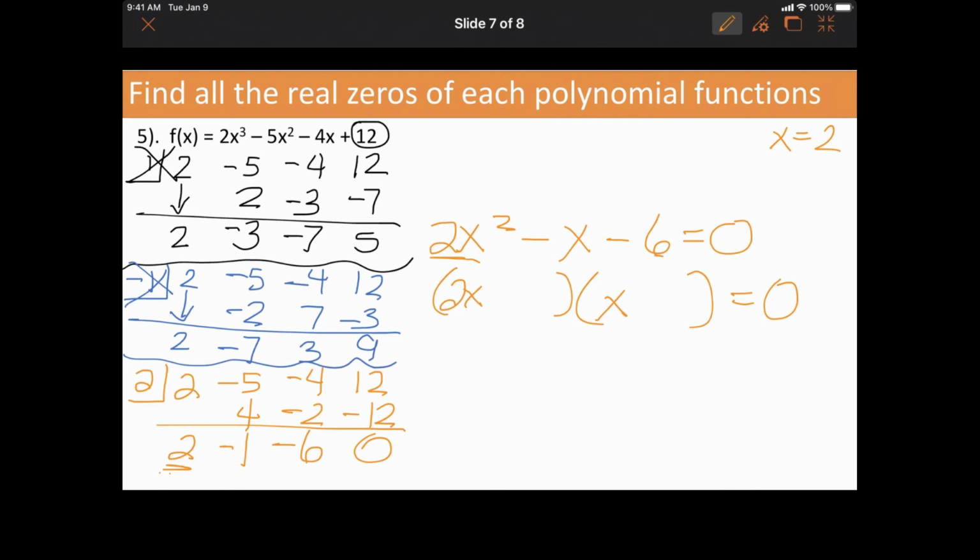So I'm going to try 2 and 3. And if I put a 2 here, it's going to get multiplied by that one, which will get me 4. Okay, and 4 minus 3 is 1 for the middle. I want the 4 to be bigger because it's negative, so it's going to be here and here.